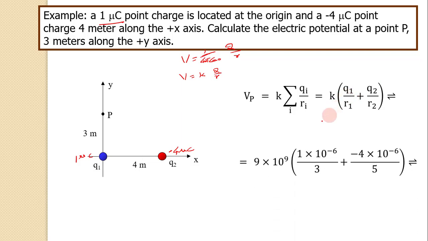We can substitute the value of Q1 as 1 microcoulomb and the value of Q2 as minus 4 microcoulomb. Evaluating this gives the potential at point P as minus 4.2 times 10 raised to 3 volts. So these are various concepts related to the electric potential.